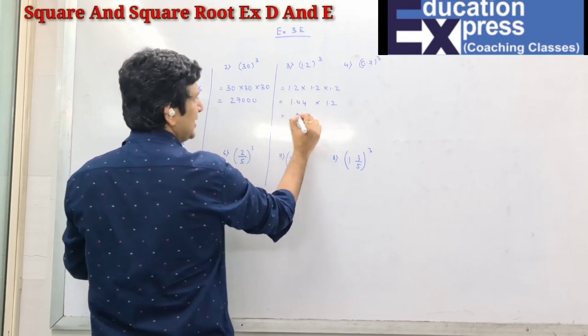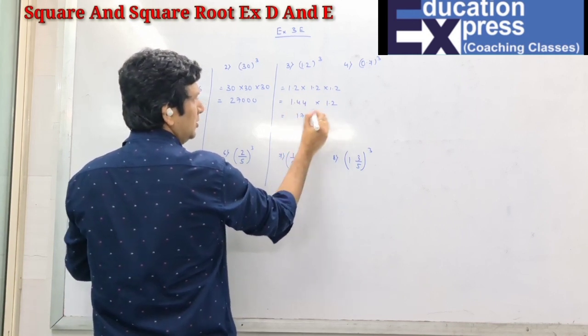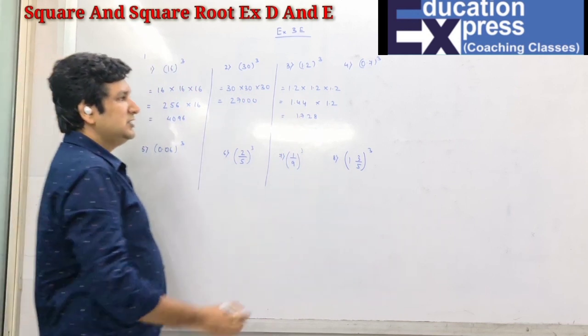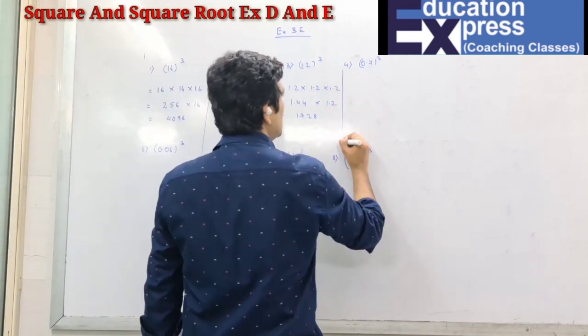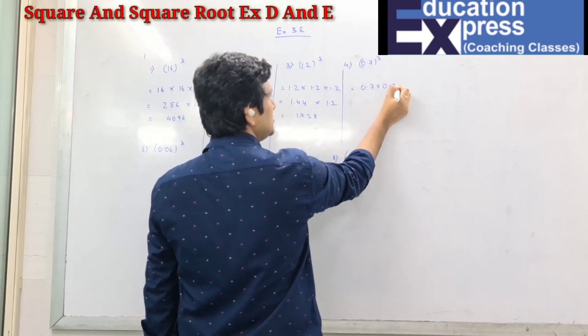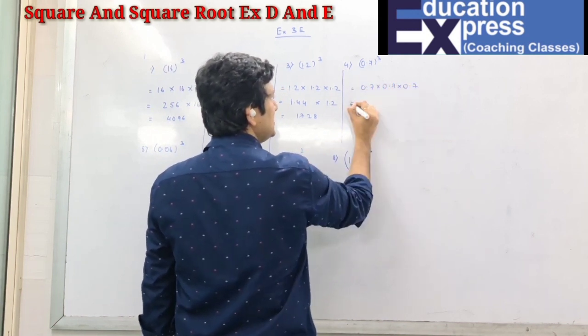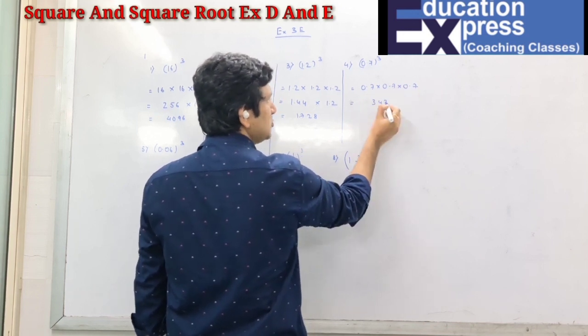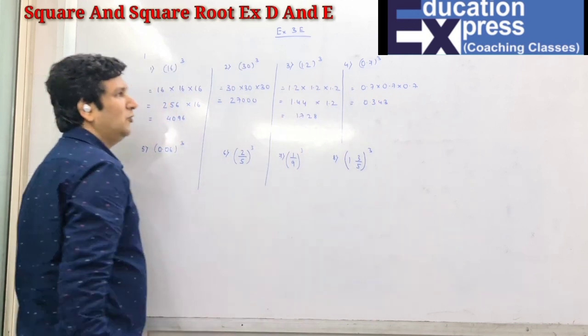Now if I multiply this, I'll get 1728, and total there are 3 decimals, so 1.728 is the answer. Same way, question number 4 also, 0.7 into 0.7 into 0.7. 7 sevens are 49, 49 sevens are 343, and there are 3 decimals, 1, 2, 3, and 0.343 is the answer.